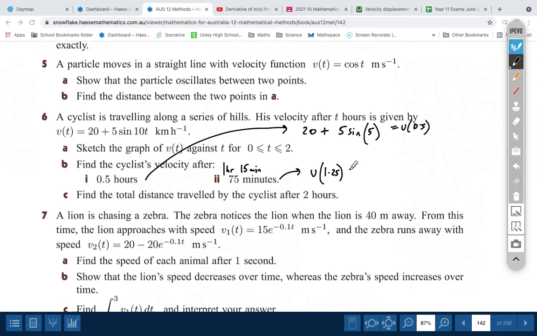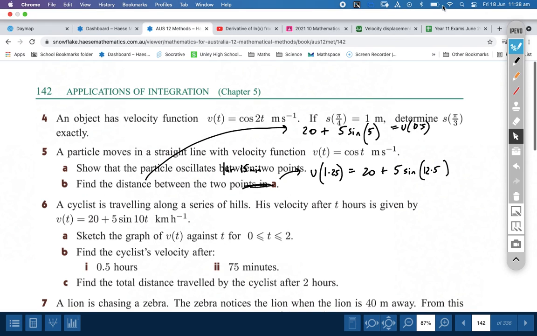So you're going to have 20 plus 5 times sine of 10 times 1 1/4, which will be 12.5. Right, so just watch the units. And I think that covers everything for that question. Okay, good.